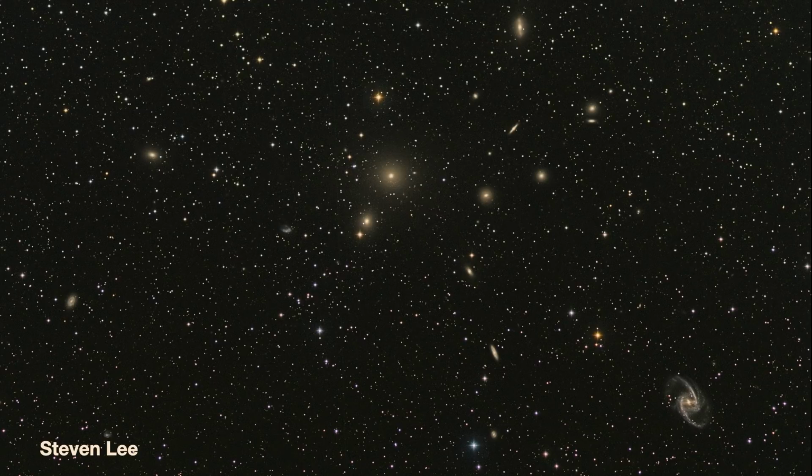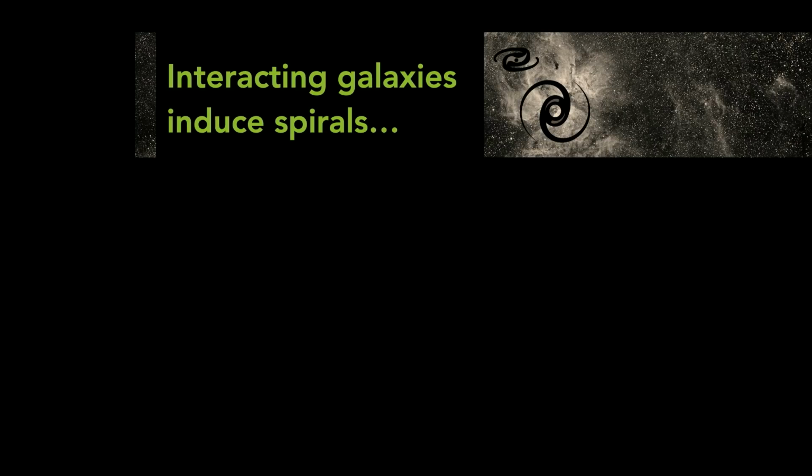So the pull that you get is going to influence the other galaxies. And in fact, if you have galaxy-galaxy interactions, you can induce these spiral structures.